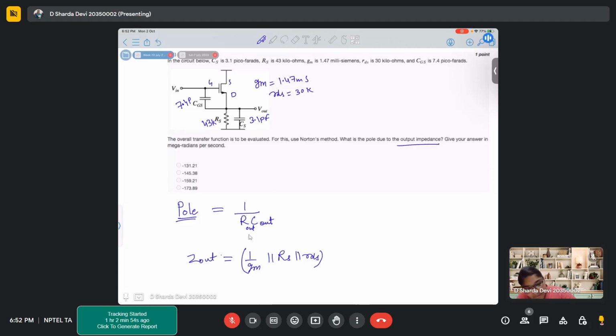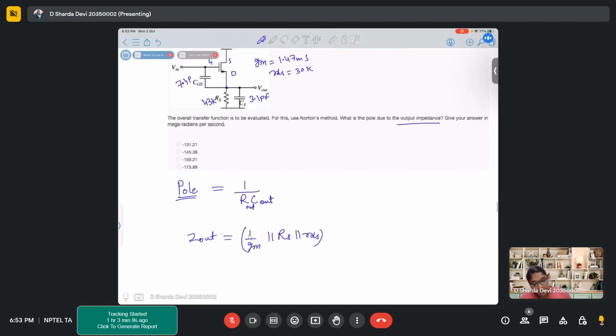Right, at this particular node, the values that we'll get are 1 upon Gm, RS and RDS.